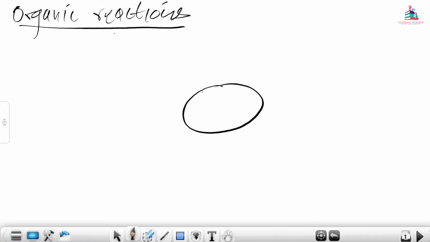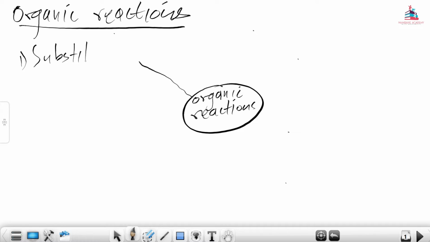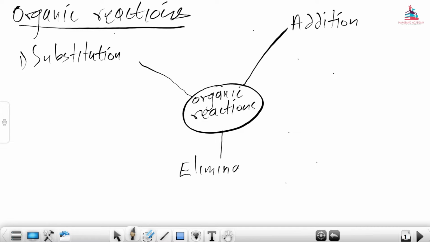I will start at my epicenter and say this will be my organic reactions. What types of organic reactions do we have? I will start by saying we have one that is called substitution. We have another one that is known as addition reaction, and then we have another one known as elimination.